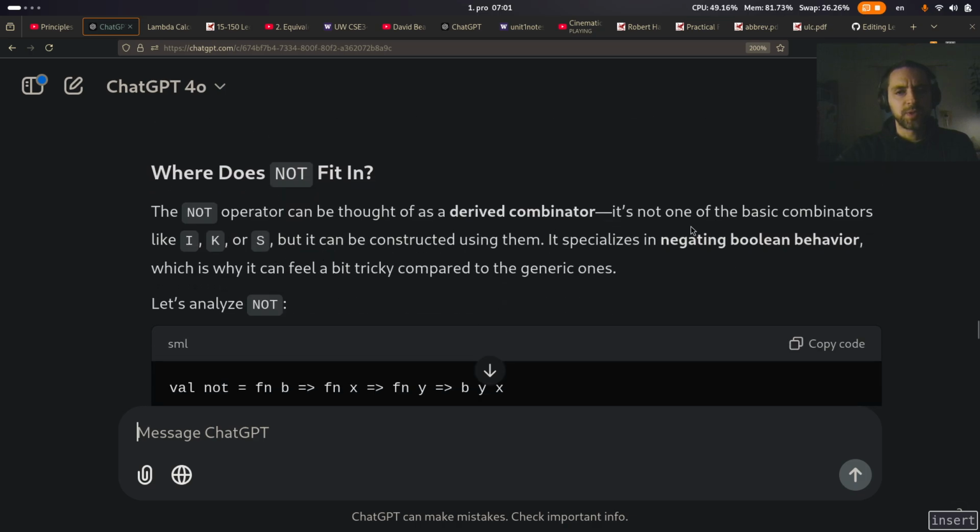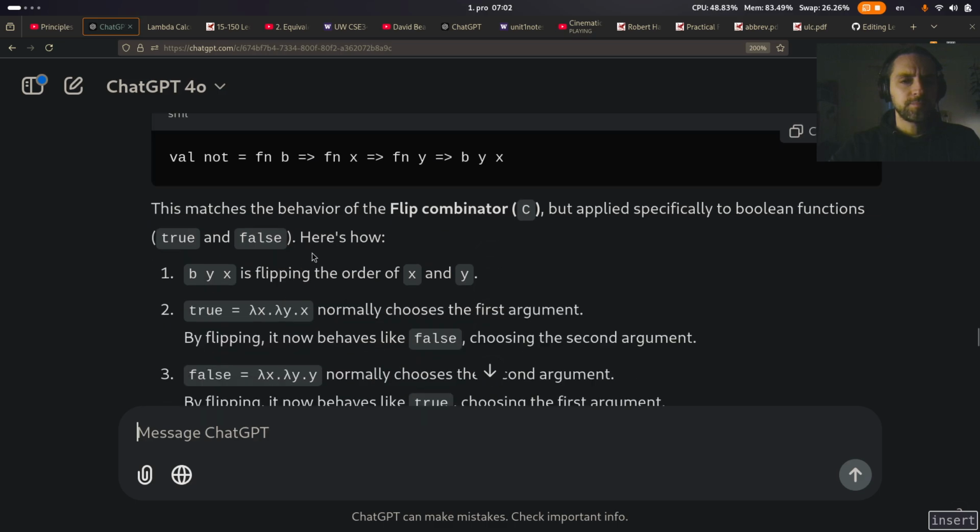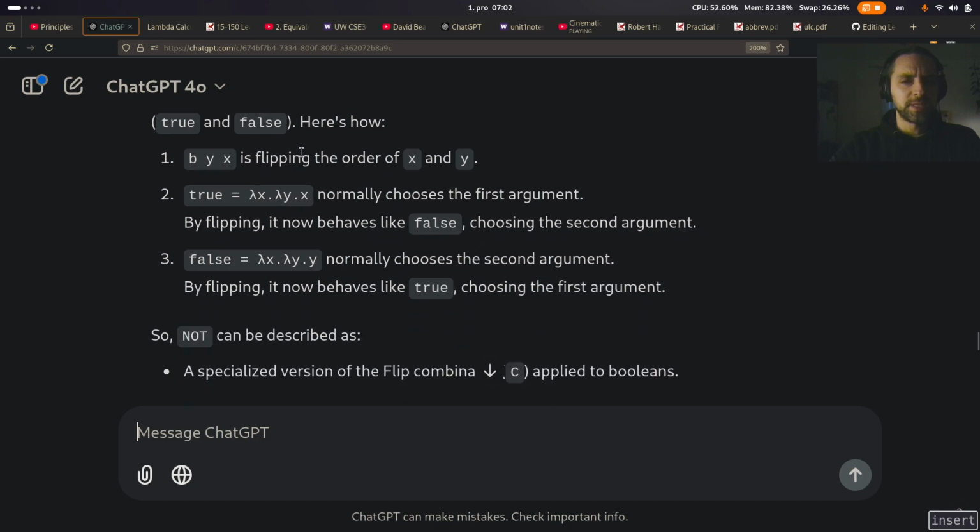It's not one of the basic combinators like I, K, S, but it can be constructed using them. It specializes in negating Boolean behavior. So it's the same as flip, but applied specifically to Booleans.